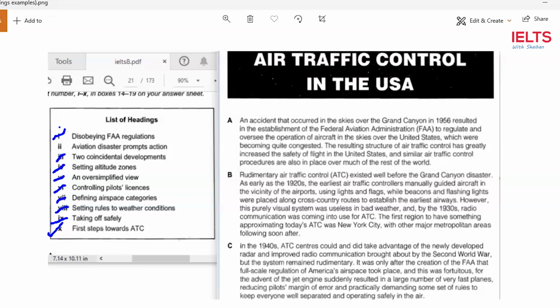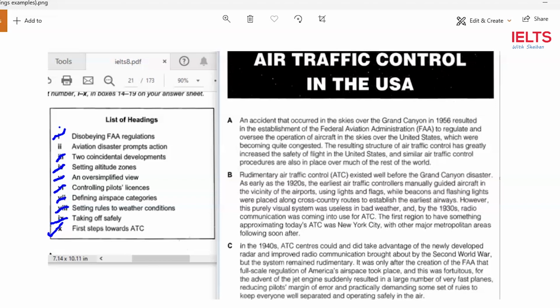So in the 1940s, I read the first sentence, and again, ATC centers could and did take advantage of the newly developed radar and improved radio communication brought about by the Second World War. But the system remained rudimentary. So here we have the two sentences.